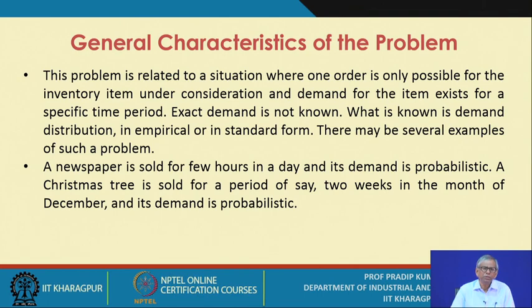That means one order for a specific time period. The next time period, you need another order. And this process continues. So this is essentially a dynamic situation. So that's why it is referred to as the dynamic inventory problem.